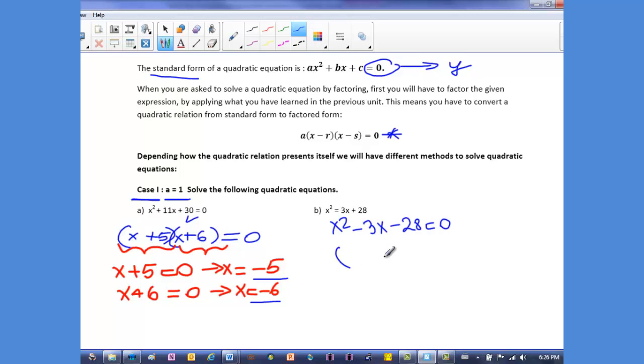And this expression is factorable as well. So let's think about what two numbers multiply to negative 28 and add up to negative 3. So I know I'm going to have x in one bracket, x in the other bracket. Well, the two numbers are negative 7 and 4. Let's verify. 4x minus 7x gives us negative 3x.